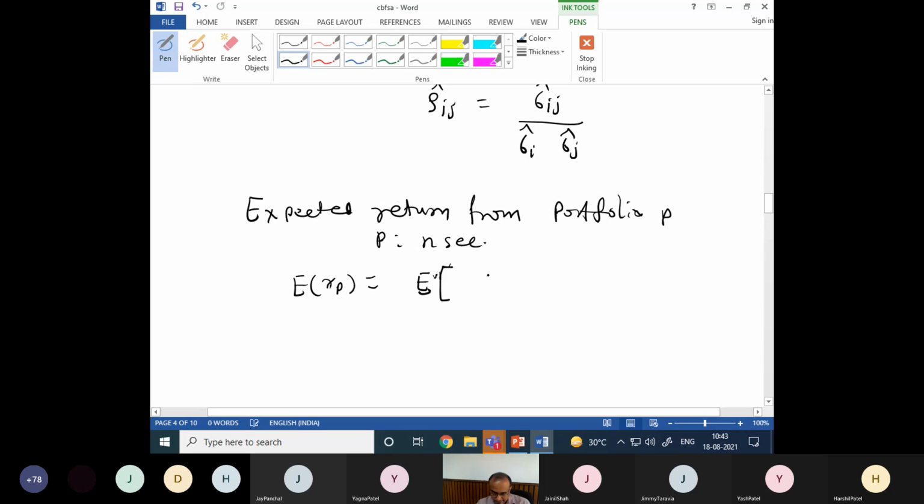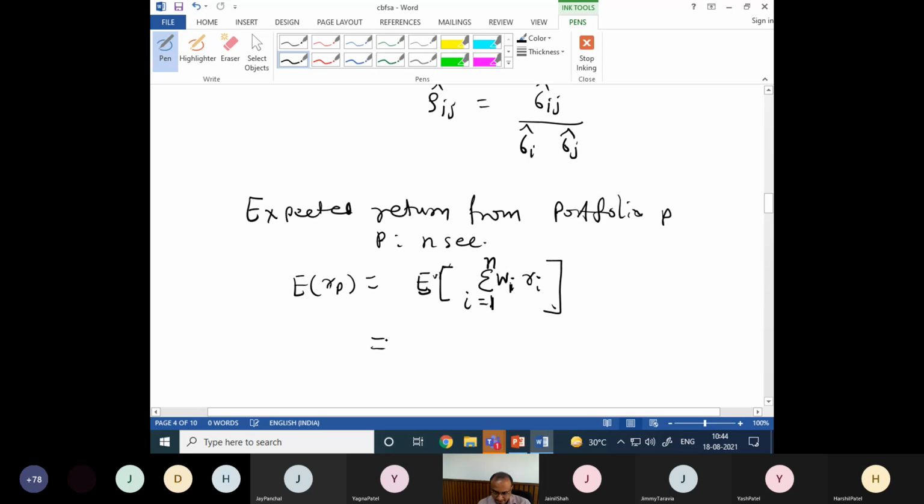Now the return from this portfolio depends on the return of individual security i and its proportional weight, Wi. So it is sigma Wi Ri, where i runs from 1 to capital N, and N is the number of securities. So this is the return from the portfolio.